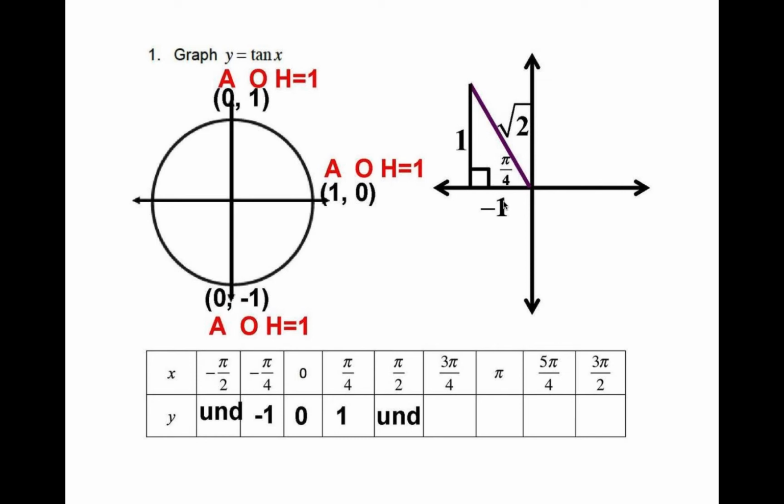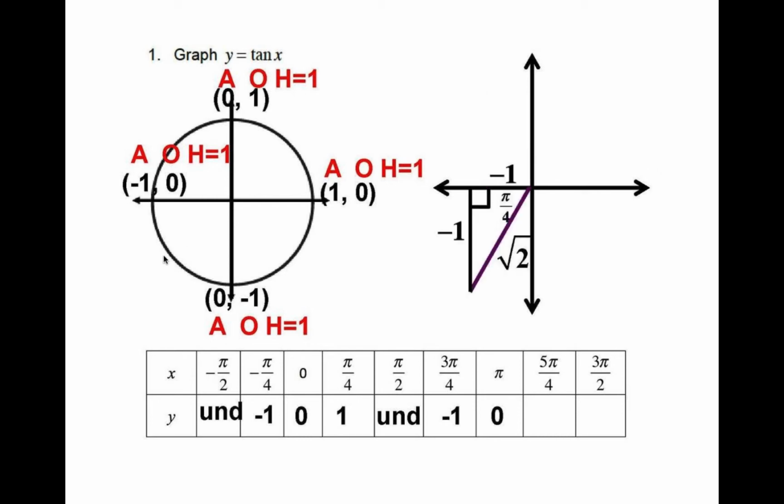So it's O over A, 1 over negative 1 is negative 1. At pi, you're over here, 0 over negative 1 is 0. 5 pi over 4, that's 1 and a quarter pi, so that's over here. Tangent is TOA, O over A, so negative 1 divided by negative 1 is 1.